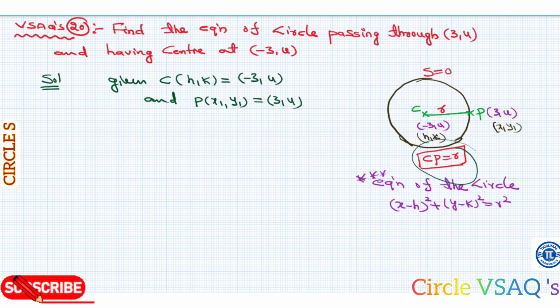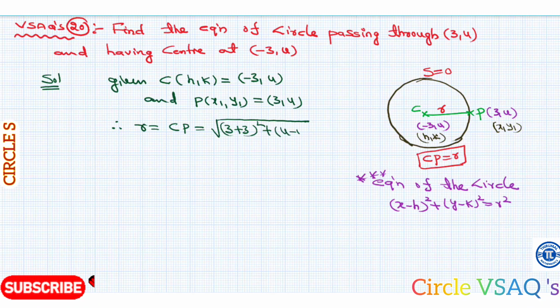Okay, CP equal to R radius, so R equal to CP, the distance between the center and a point on the circle. So it is root using distance formula, 3 minus into minus plus 3 whole square plus 4 minus 4 whole square. So 4 minus 4 is 0. Here the square root cancels, then we get R equal to 3 plus 3 is 6. Radius R equal to 6.